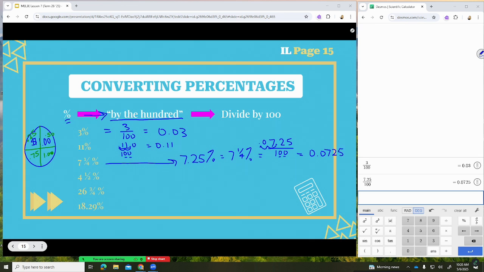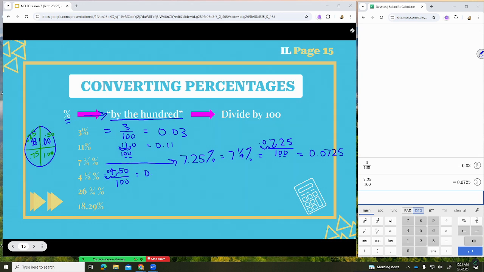It's not enough to just write it as 4.5%. We still have to divide it by 100, moving the decimal place 2 times.